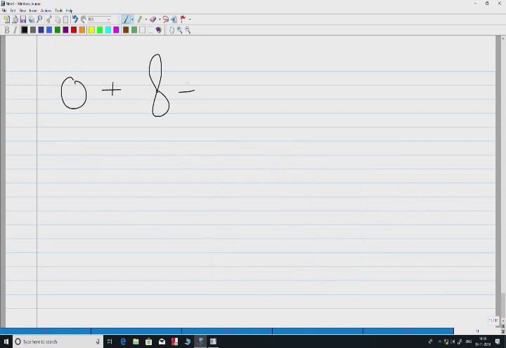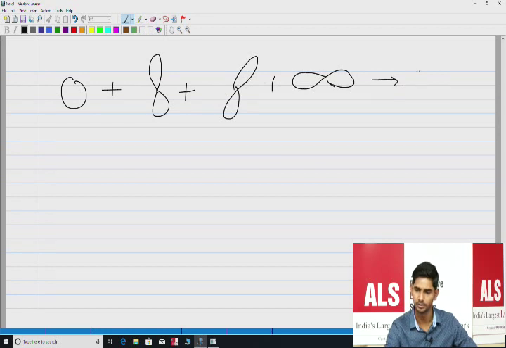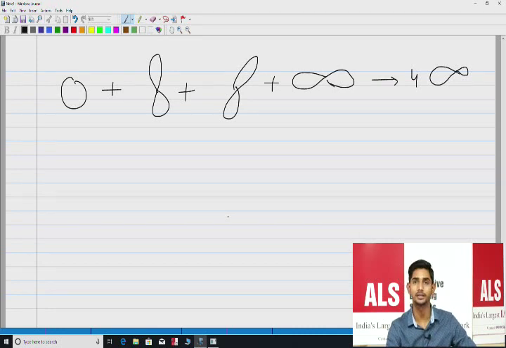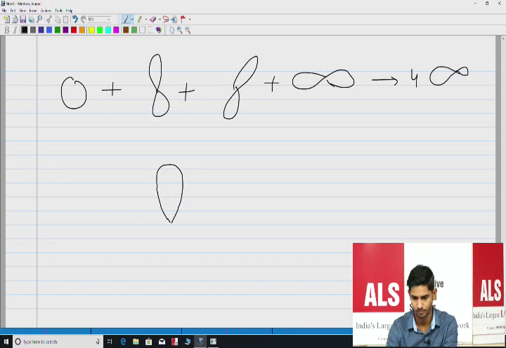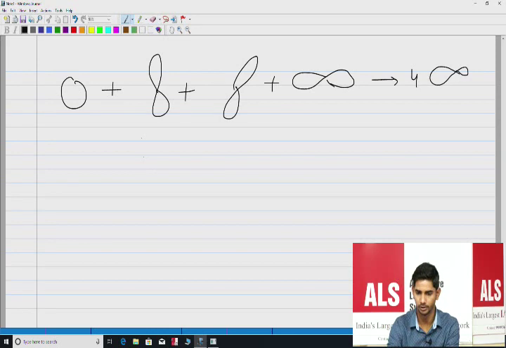Four orbitals, and we will get four such hybrid orbitals. Now I am placing these four hybrid orbitals like this. One second, guys. Let me draw it a little bit clearer.